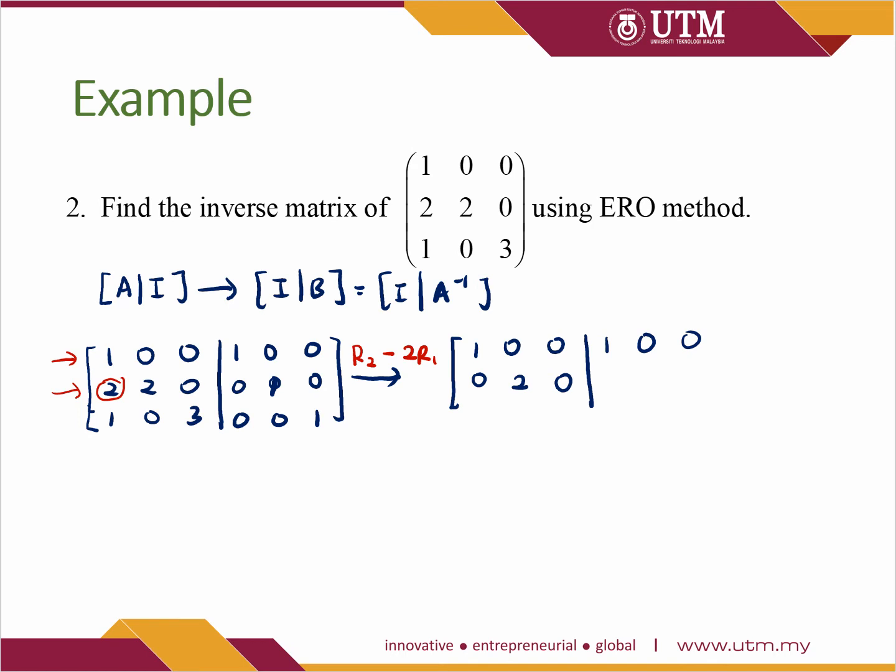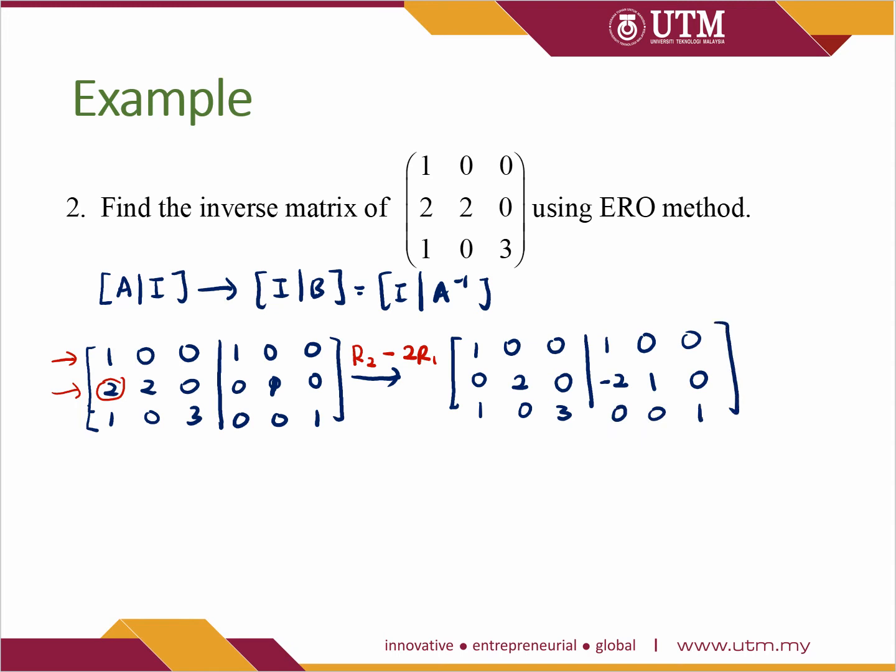And then for the fourth column, we have 0 minus 2 times 1. We have negative 2. 1 minus 2 times 0, we have 1. And the last column will be 0. Then for the third row, we just rewrite all these elements.